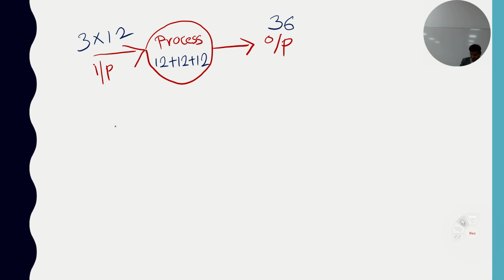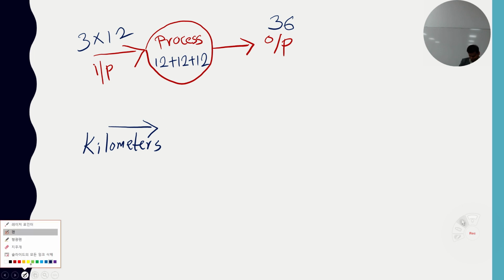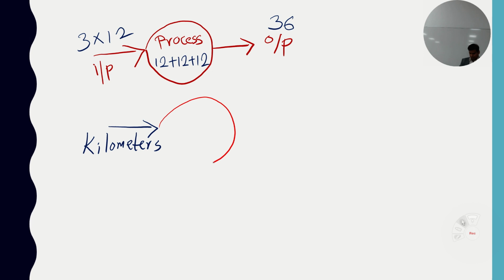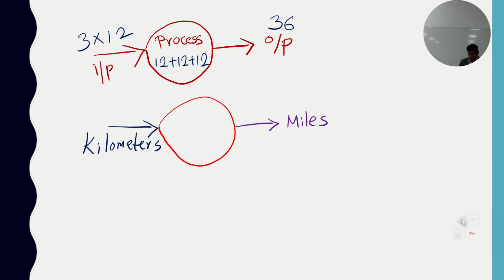Let's consider you have a similar system in which the input is kilometers, you have to calculate, and you are expected to have an output, and you want the output to be miles.